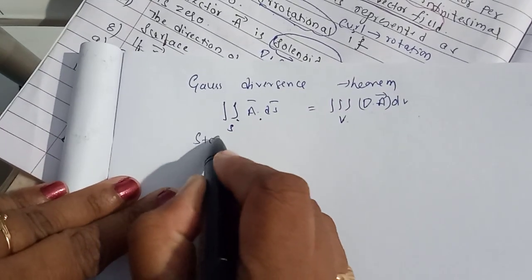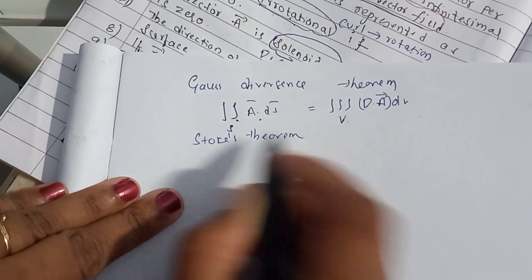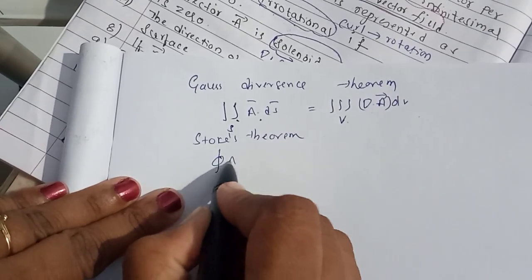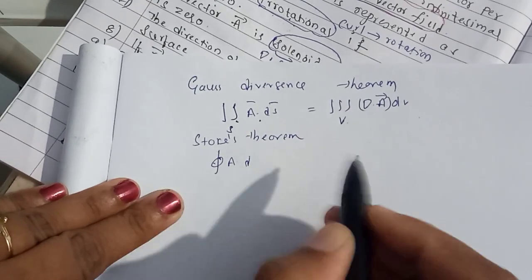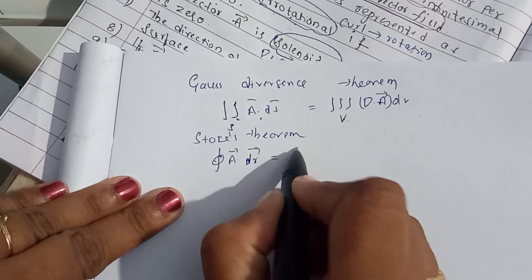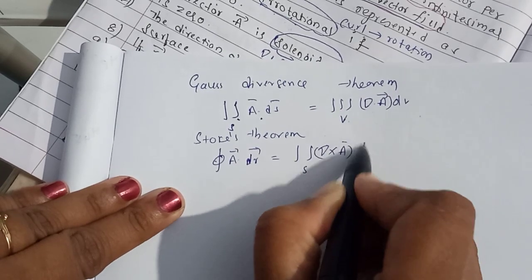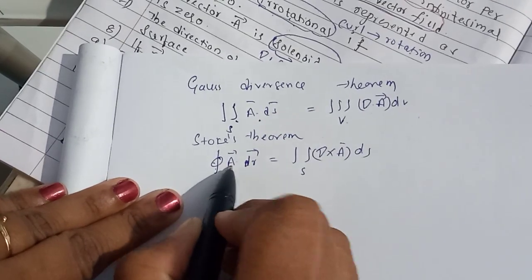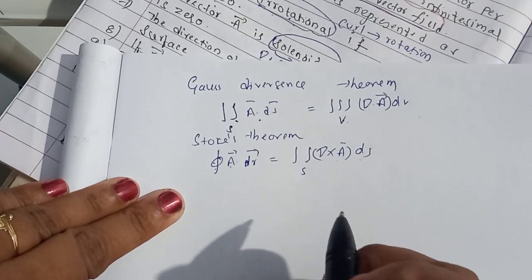And Stokes theorem we are having. Stokes theorem gives the relationship between the line integral along a closed curve and the surface integral. So we will write it as the closed line integral of A dot dr equals the surface integral of del cross A dS. Okay.